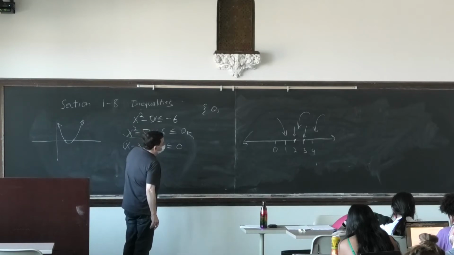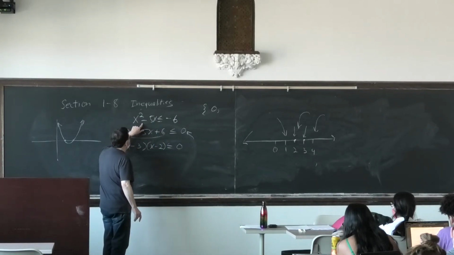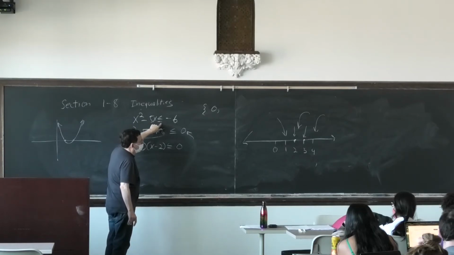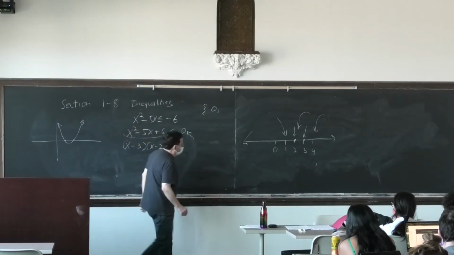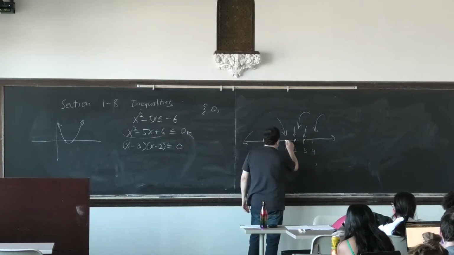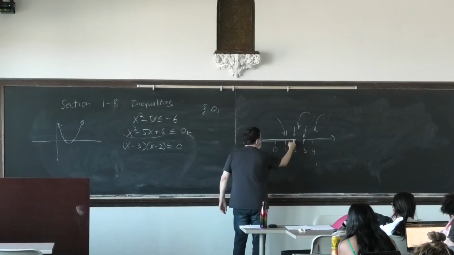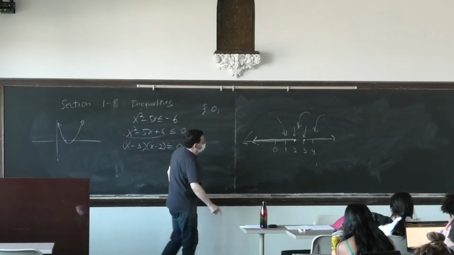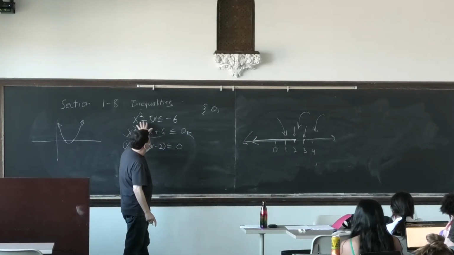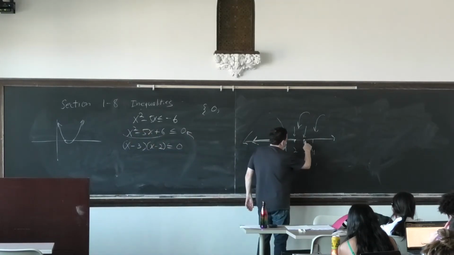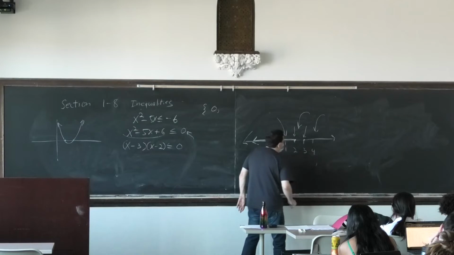So let's plug in 1. 1 minus 5 is negative 4. That's less than minus 6, right? So that means from 2 to negative infinity is going to work. The same thing from 3 onwards.